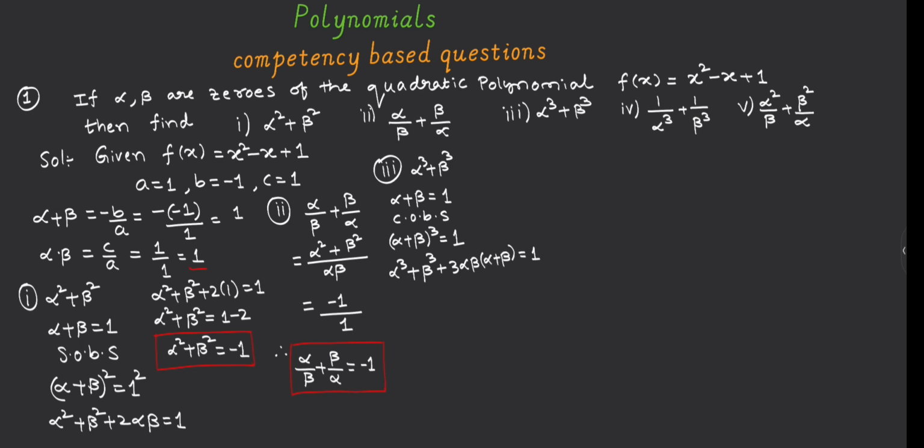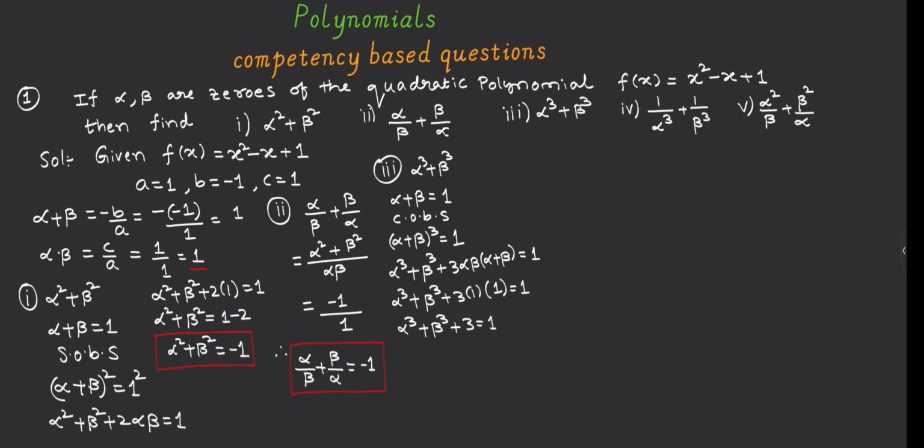Now in this we substitute the value of alpha into beta and alpha plus beta. Both are 1. So that is alpha cube plus beta cube plus 3 into 1, because alpha into beta is 1 and alpha plus beta is also 1, is equal to 1. Now it is alpha cube plus beta cube plus 3 is equal to 1.